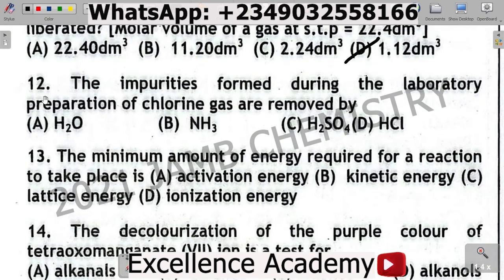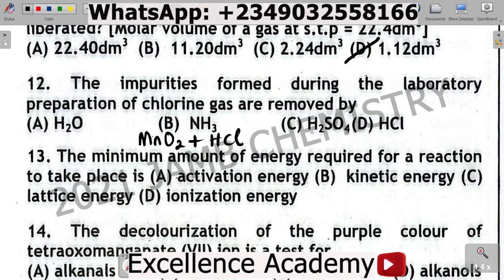All right, question 12. 12 says the impurities formed during the laboratory preparation of chlorine gas are removed by A, water, B, ammonia, C, hydrogen tetraoxosulfate 6, D, hydrochloric acid. Now, what to note here is that when preparing chlorine in the lab, for example, if you use manganese oxide combined with hydrochloric acid, you will get moisture or water vapor as an impurity.